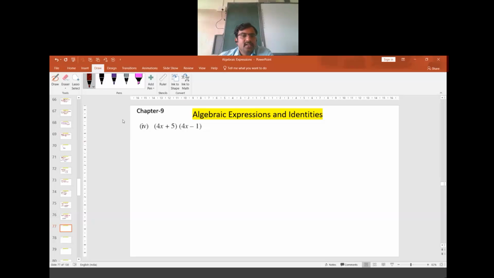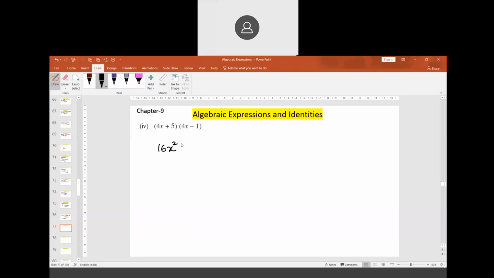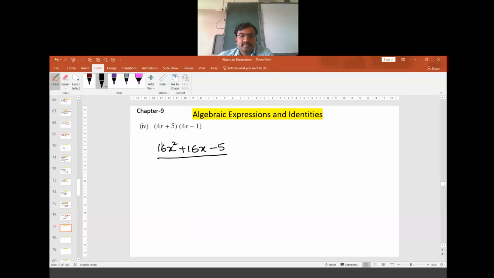Once again, try this. If you are telling the direct answer, you should be careful while a plus b is done. 16x square plus 16x minus 5.